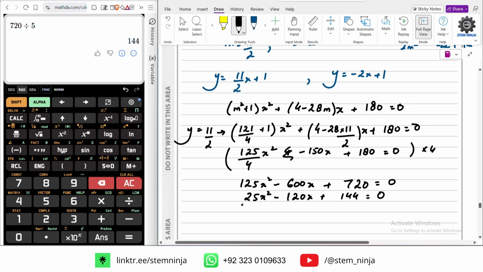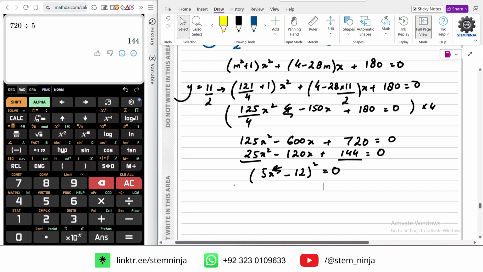Okay, this is the square of 5, this is the square of 12, so 5 and 12, 60 and 60 times by 2. This was easy, so 5x minus 12 whole squared equal to 0.